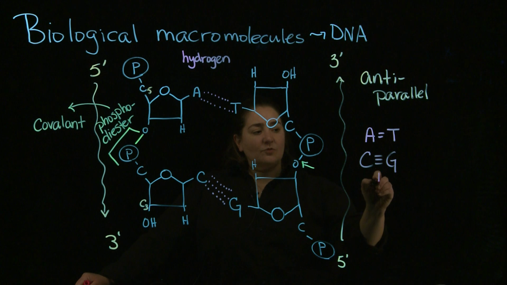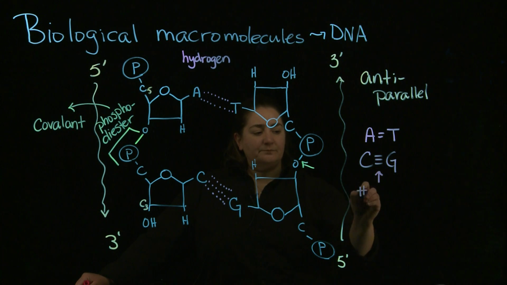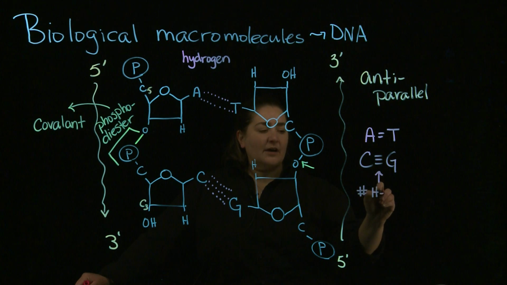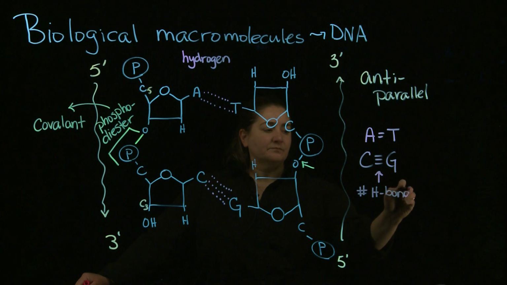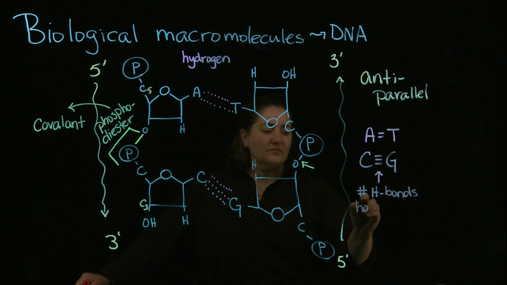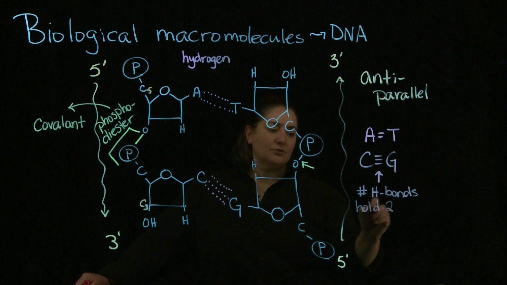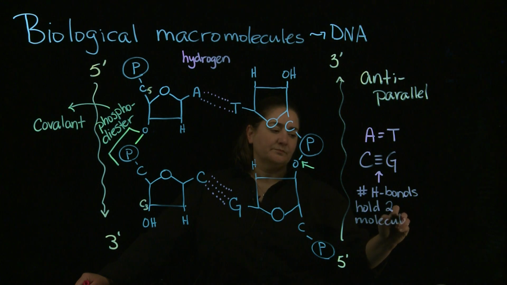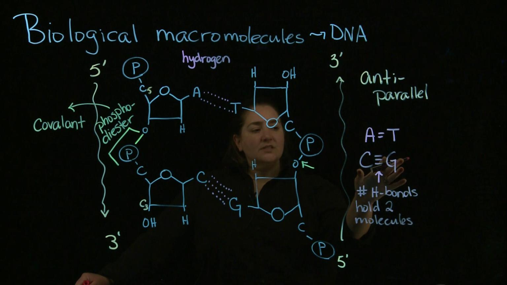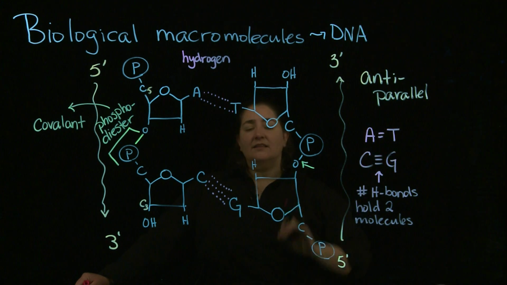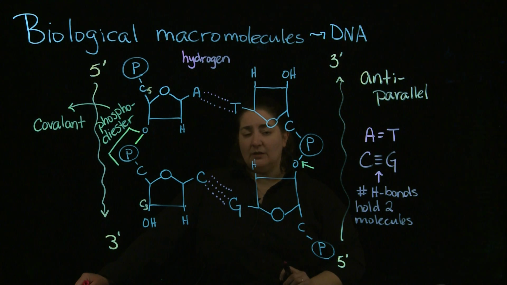That tells you the number of hydrogen bonds that are going to hold those 2 molecules together. Between cytosine and guanine, we've got 3 hydrogen bonds. Adenine and thymine, we've got 2.